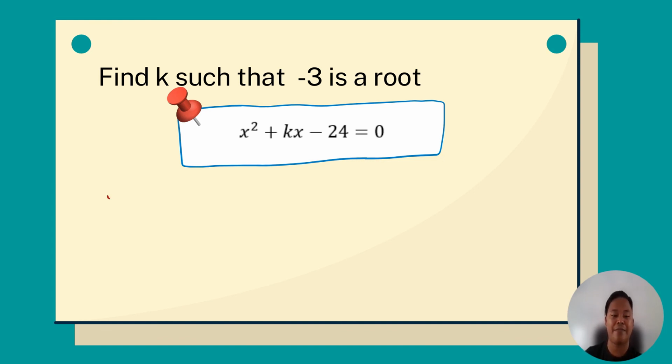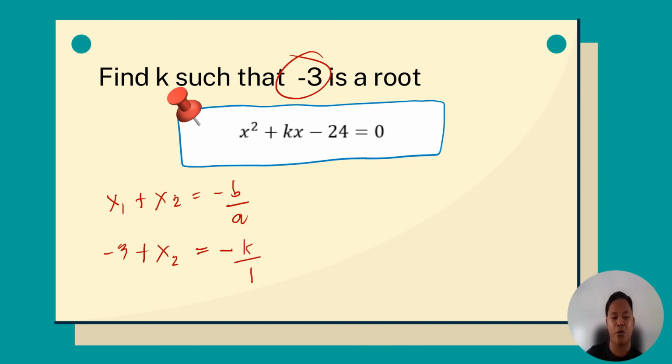Then we have x sub 1 plus x sub 2 is equal to negative b over a. x sub 1 is negative 3 since one root is given, plus x sub 2 is equal to negative the value of b here in the given equation, which is k, over the value of a, which is 1. Therefore, we have negative 3 plus x sub 2 is equal to negative k.